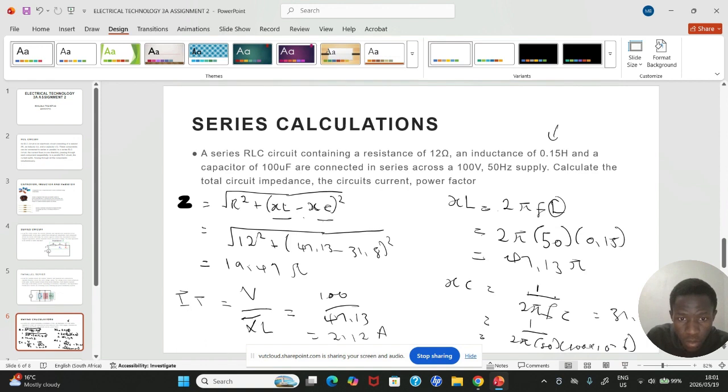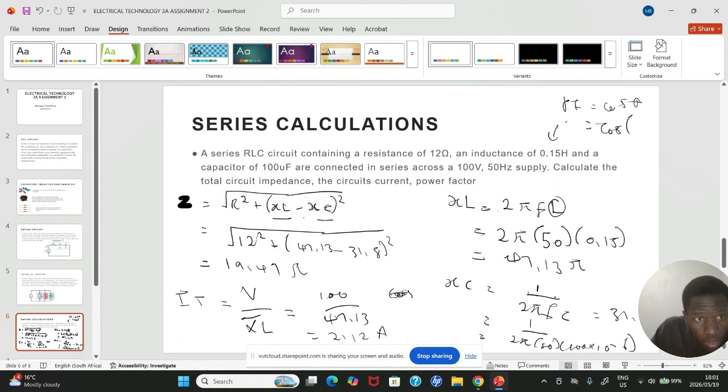The third one is the power factor. Power factor is PF equals cos of theta. Then it equals cos of R divided by impedance.